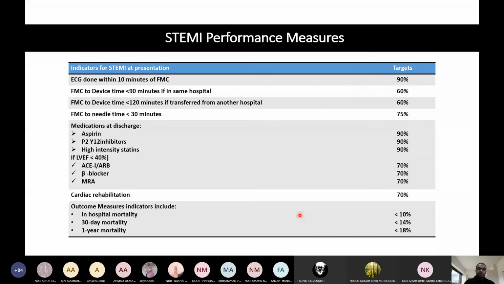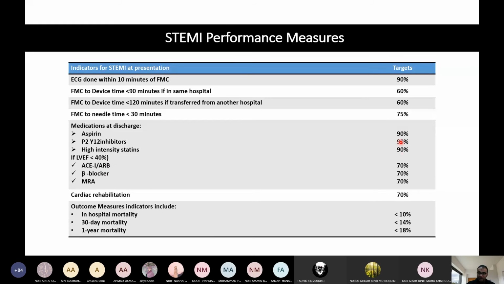These measures are like the timing, how fast we act, the first medical contact to device in terms of the PCI, or to the needle in terms of the fibrinolysis, and the percentage of patients who have been given dual antiplatelet therapy and the statin on discharge, and those with left ventricular ejection fraction less than 40%, have they been offered this treatment?